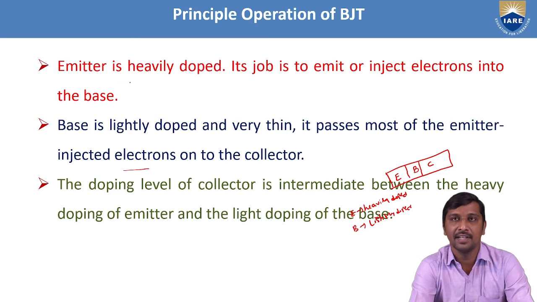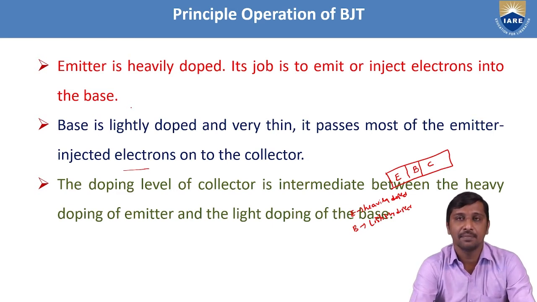Here the emitter is heavily doped and the base is lightly doped. But the collector is intermediate between the emitter and base doping levels. That is the reason the doping level of the collector is moderately doped. The doping levels always lie between the base and emitter doping levels.